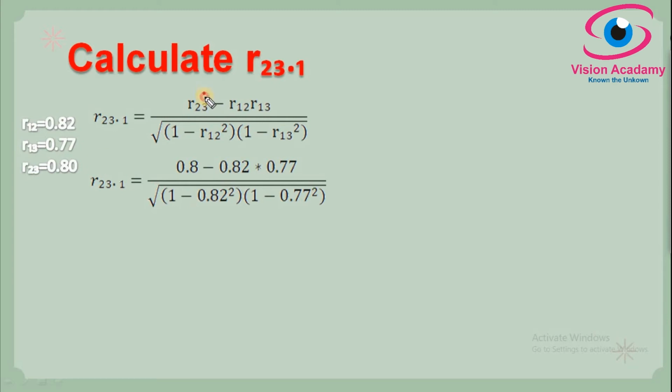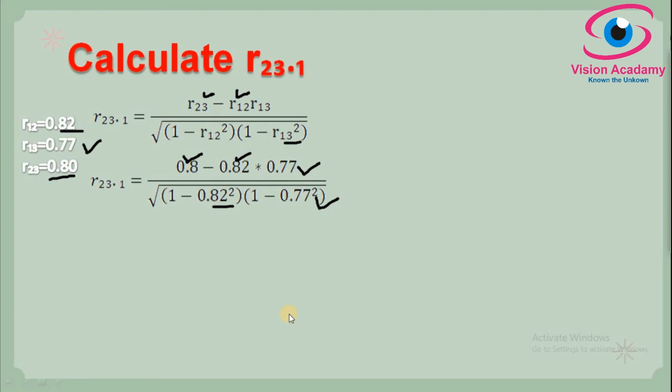So here R23 is 0.8, and R12 is 0.82, and R13 will be 0.77. Here I have replaced 0.77. In the denominator R12 again 0.82, so R12 squared, 0.82 squared, and here R13 squared, 0.77 squared.